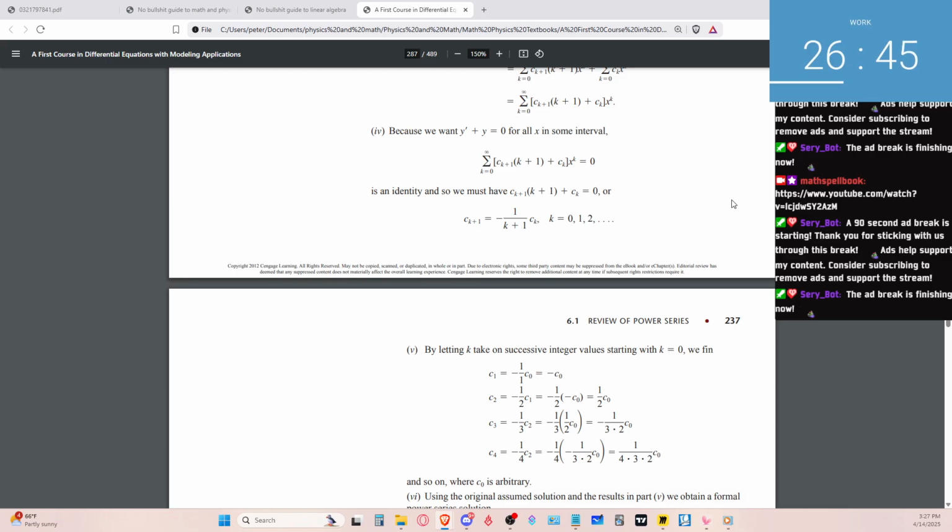Oh, that looks pretty cool. And we have identified this is equal to 0.